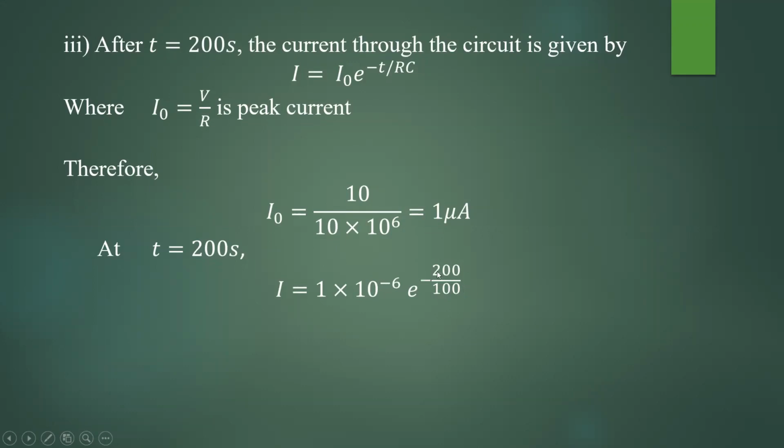So it is e to the power minus 200 by 100, which is e to the power minus 2 into 1 into 10 to the power minus 6. Try to calculate the value using the calculator and put the answer in the chat box. All of you try it and put the answer in the chat box.